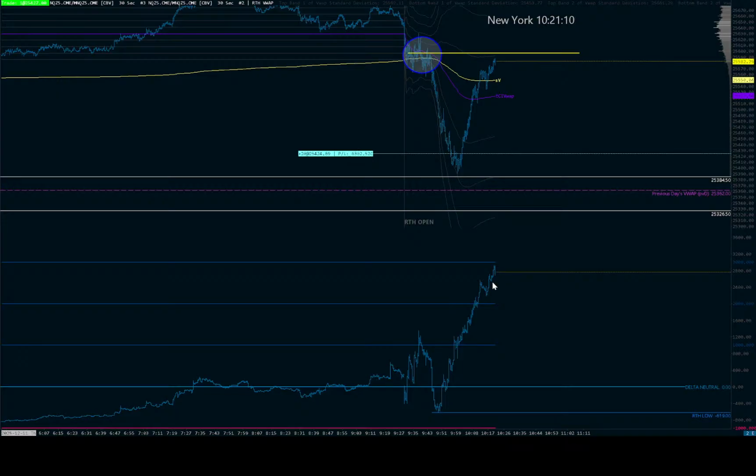You would want to see these aggressive buyers come up and for this thing to start breaking back down below these major levels before trying to short it. Don't short it just because there's a high volume node there. Because again, watch the order book.